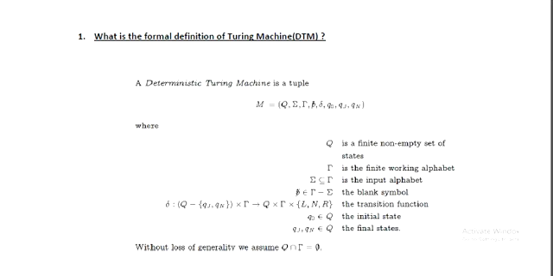In a deterministic Turing machine, if the input is accepted, then it will say Q yes. If the input is rejected, then it will say Q no. Without loss of generality, Q intersection with gamma is phi.